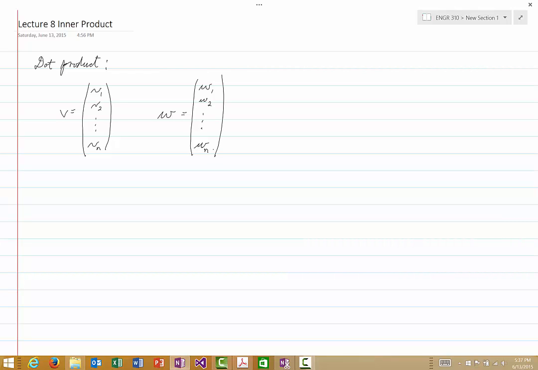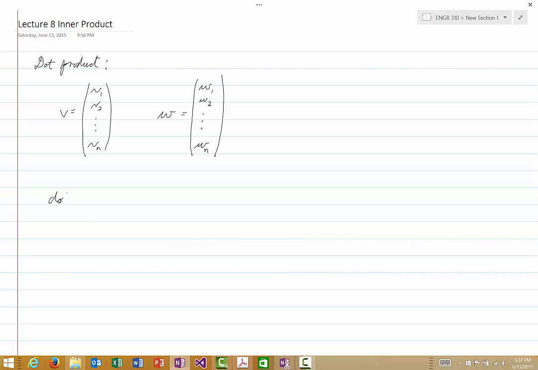In other words, the components of v are v1, v2, ..., vn, and the components of w are w1, w2, ..., wn. Both of these vectors are assumed to be in Rn or Cn. If we want the dot product of those, it is denoted like this.